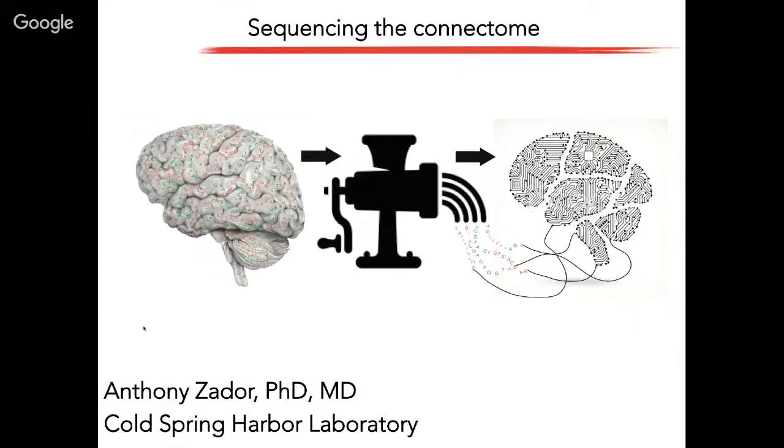Basically, our idea is that we can use molecular biology to uniquely label all the cells in the brain, then grind up the brain in one way or another, and use high-throughput DNA sequencing to read out the projections and connections of the brain. I should say as a caveat right now that we haven't achieved that goal yet.